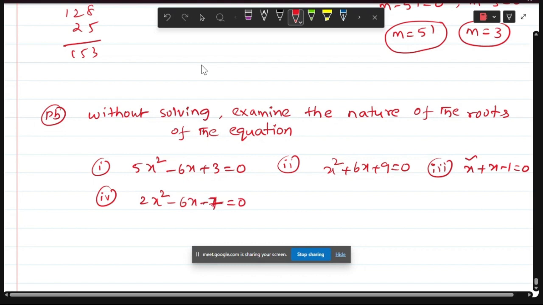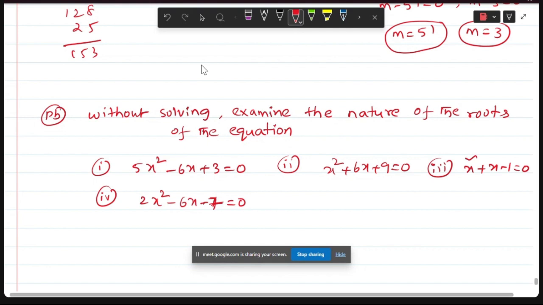Do it, ma. Without solving, examine the nature of the roots of the equation. So first, third, and fourth one there are no real roots. Second one there are real and equal roots.